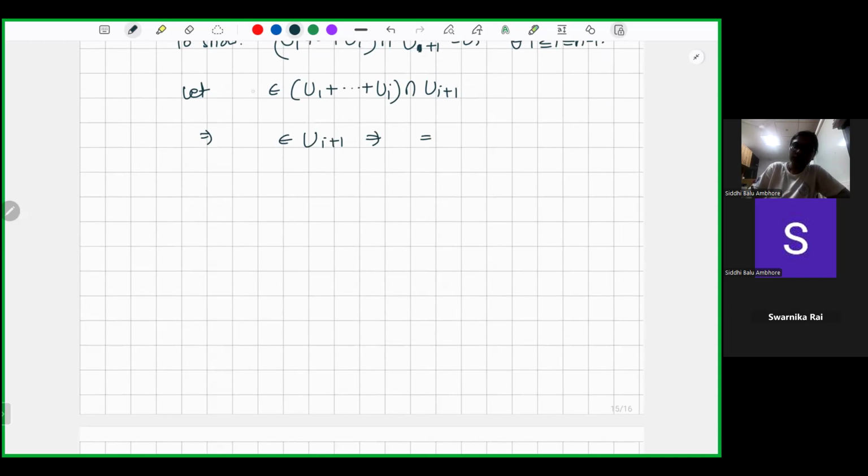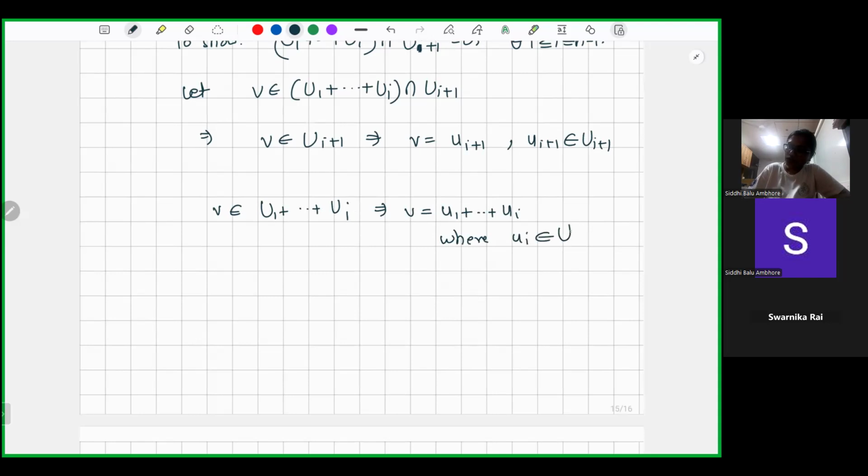So suppose this element v belongs to this intersection. So this v belongs to Ui+1. So this implies this v is some ui+1 for ui+1 belonging to Ui+1, right? And similarly, this v is also in U1 plus ... plus Ui. So this implies that this v is u1 plus ... plus ui, where each ui belongs to capital Ui.